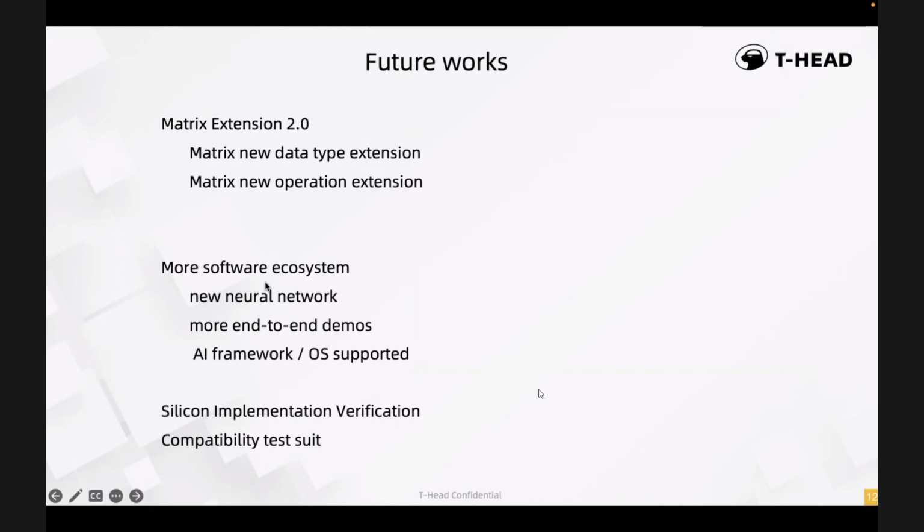Also, based on our current extension, we will provide more software ecosystem support, more neural network acceleration, more end-to-end demos, and more AI frameworks and operating systems supported. Of course, we will also work on silicon implementation verification of the extension and provide a capability test suite to help other silicon vendors confirm that their silicon implementation meets the extension criteria.